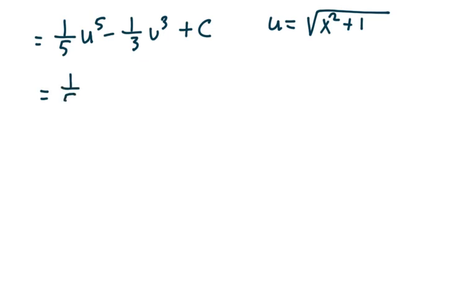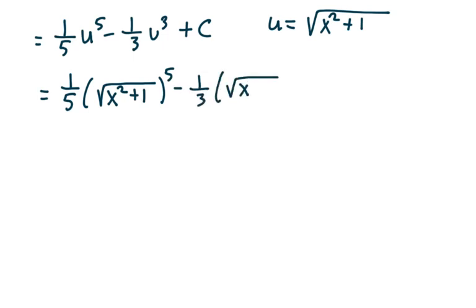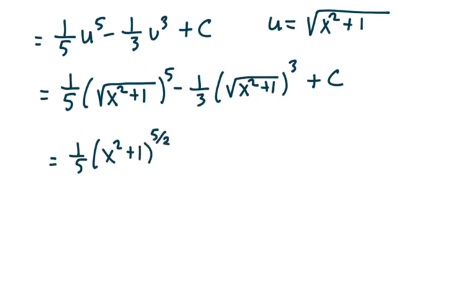So this is 1/5 times the square root of x squared plus 1 to the fifth minus 1/3 times the square root of x squared plus 1 raised to the third plus c. Now, another way you can write that is 1/5 times x squared plus 1 raised to the 5/2 minus 1/3 times x squared plus 1 raised to the 3/2 plus c.